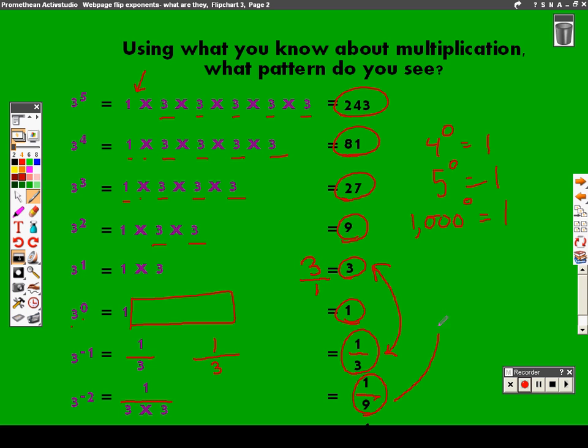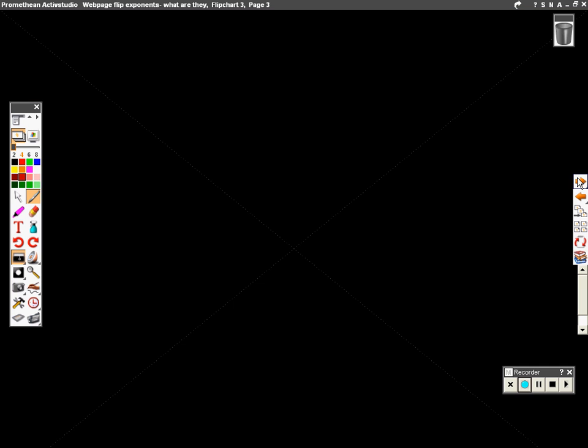Notice that 1/9 is the reciprocal of 9, because 9 can be written as 9 over 1. The word I've been using is reciprocal.